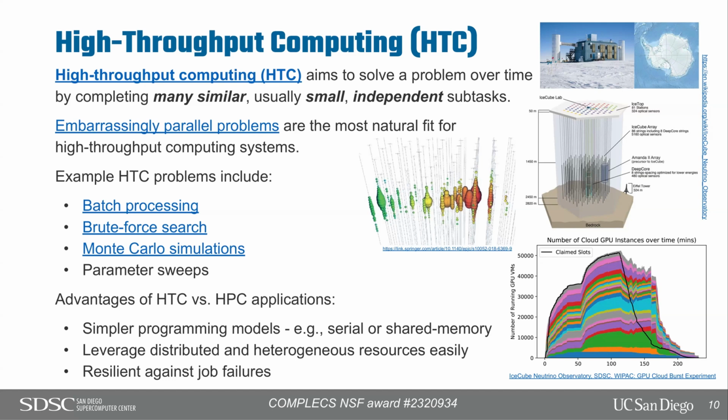And so this is one example problem here on the right that some of the people here at SDSC were involved with a few years ago, where there's this particle detector called IceCube down at the South Pole. Basically what they measure is these flashes of light from the interactions of fundamental particles called neutrinos that they can see in the ice.